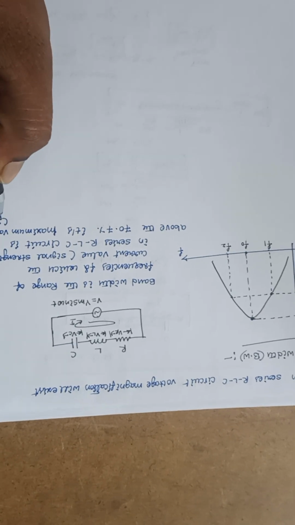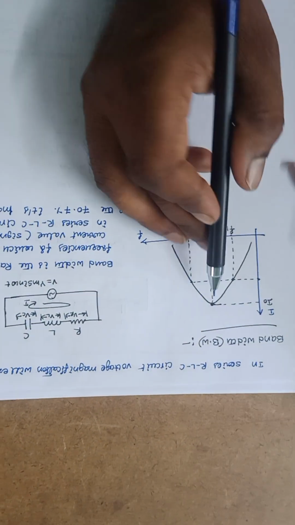So what is the maximum value here? So this is the maximum value. I naught is the maximum value.